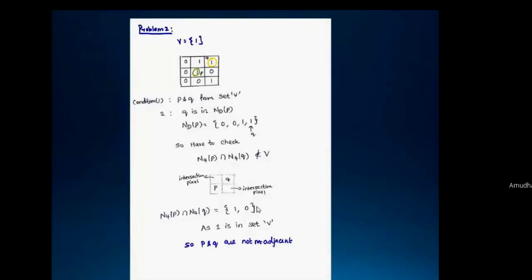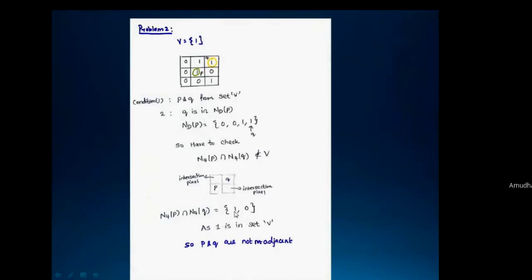So I have to redraw the P and Q pixels, and the intersecting pixels also I'll draw here. Always there are only two intersecting pixels, below and above. What are the values here? 1 and 0.